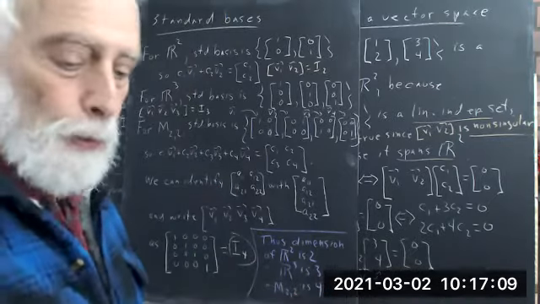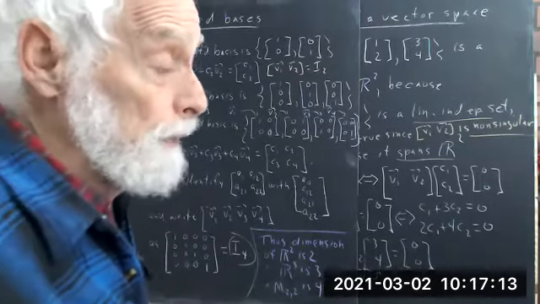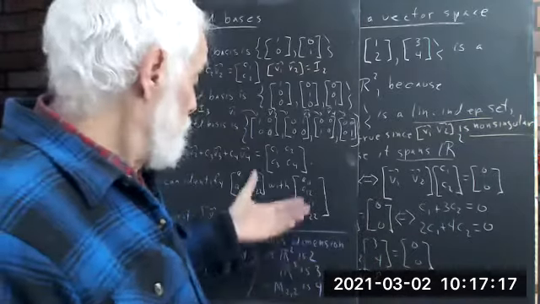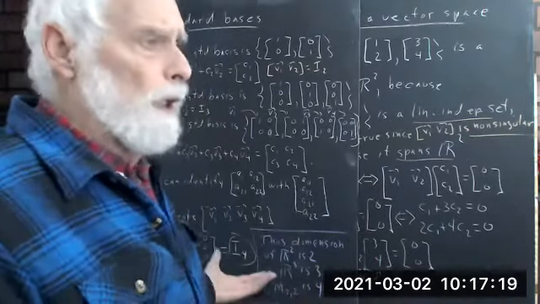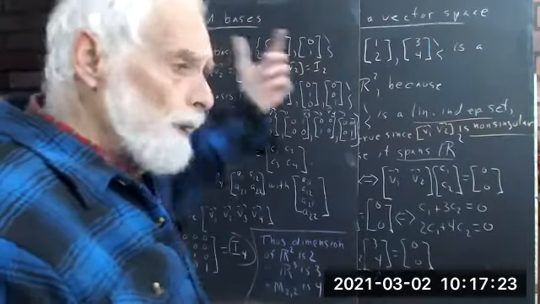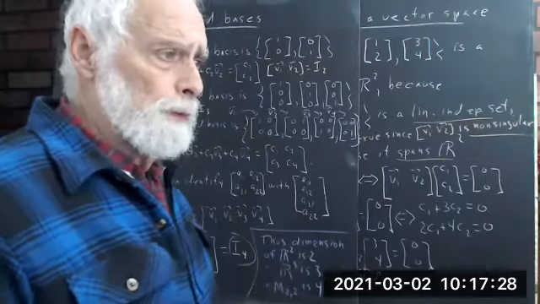M22 is 4. Now, the first exercises you're going to have in the homework will be to write out the standard basis for several vector spaces.